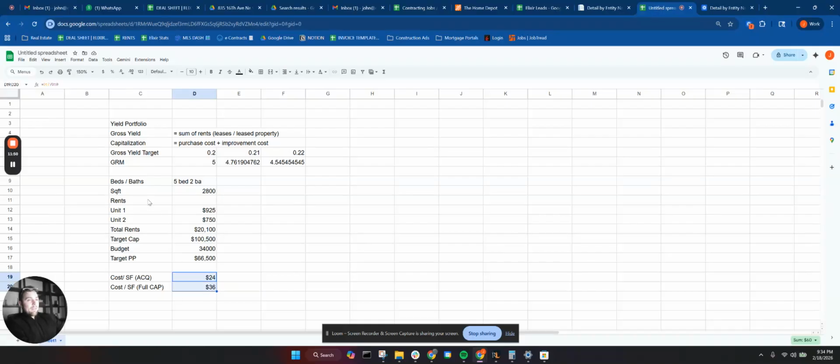But what we have to keep in mind is this is a big building, and big buildings cost a lot of money. So even though it's generating the $1,675 per month, what does it actually cost to maintain and ensure that the property is stabilized and able to generate this income out into the future?